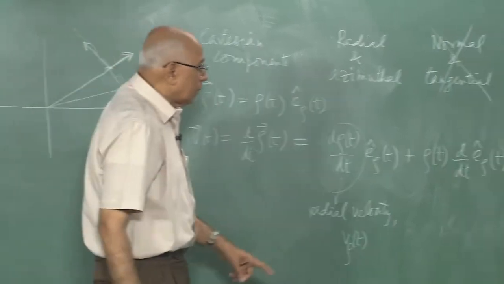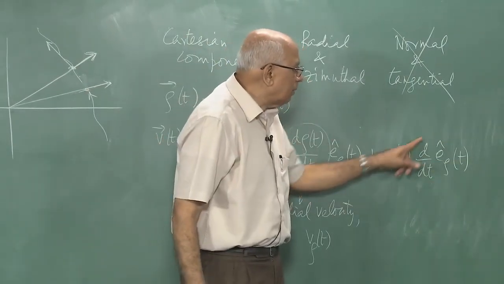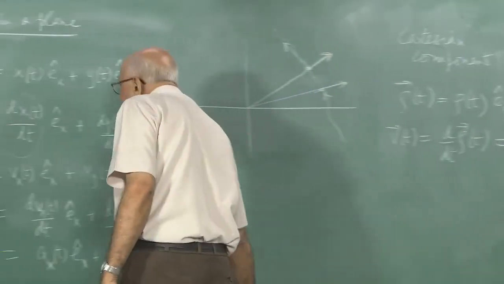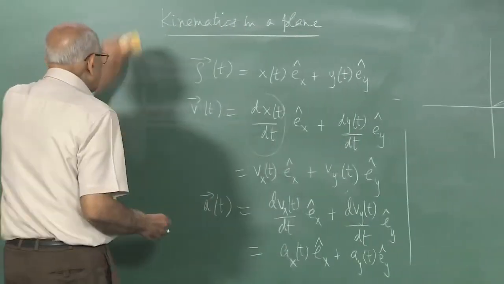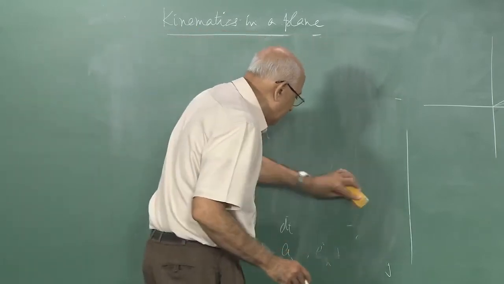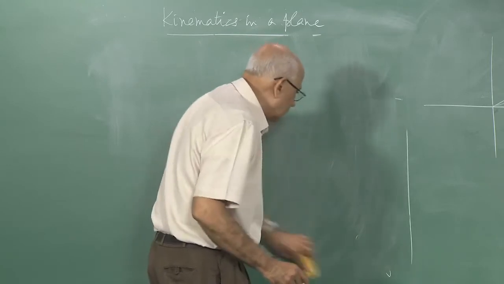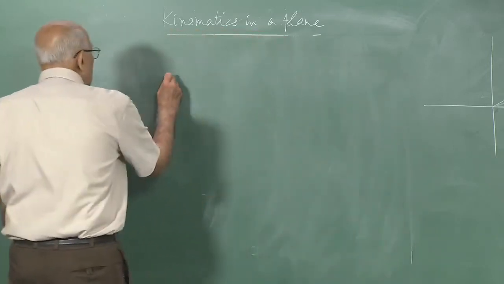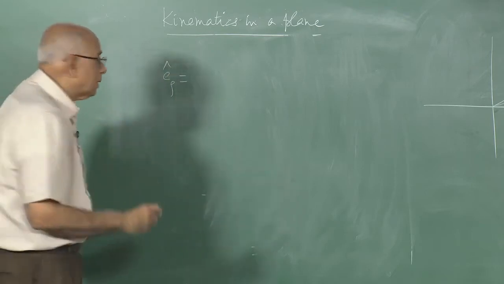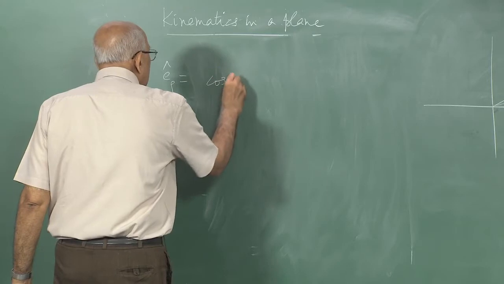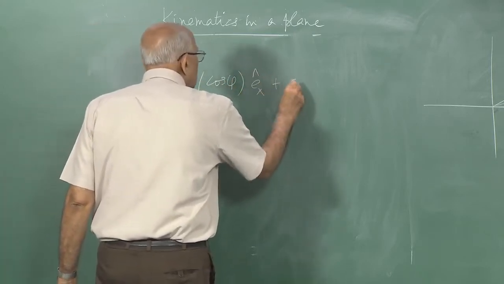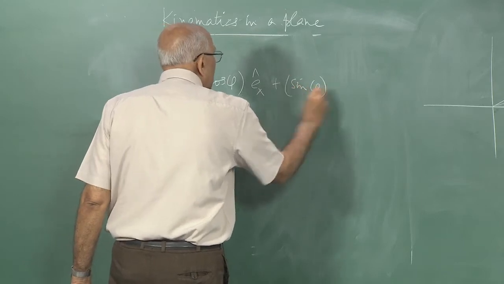But now we are left with the question of finding out what is the time derivative of this quantity here. How are we going to do this? Well, for that we need to take recourse to the fact that this unit vector in the radial direction, E rho, we wrote it down in Cartesian components. So we had cos phi times Ex plus sin phi times Ey.